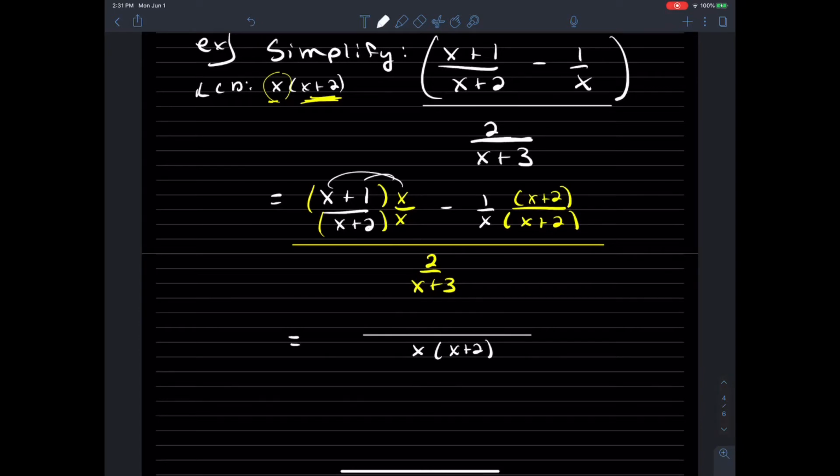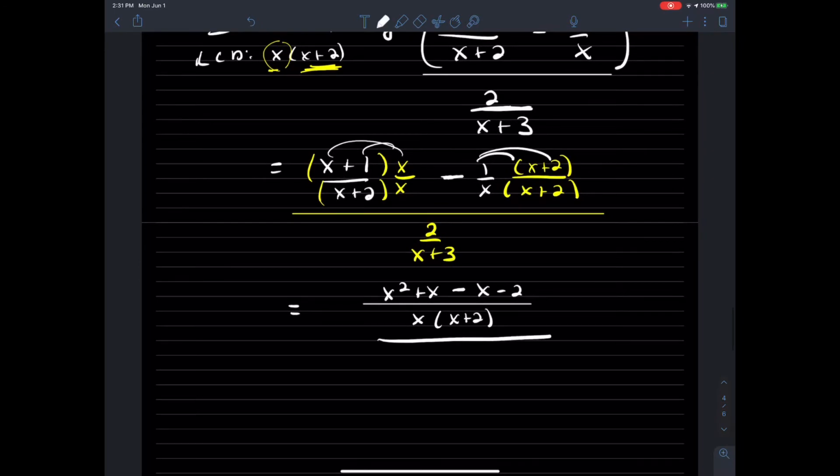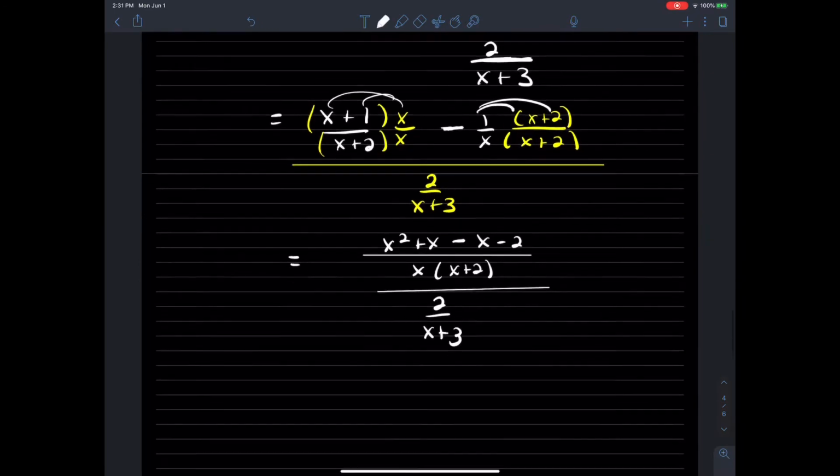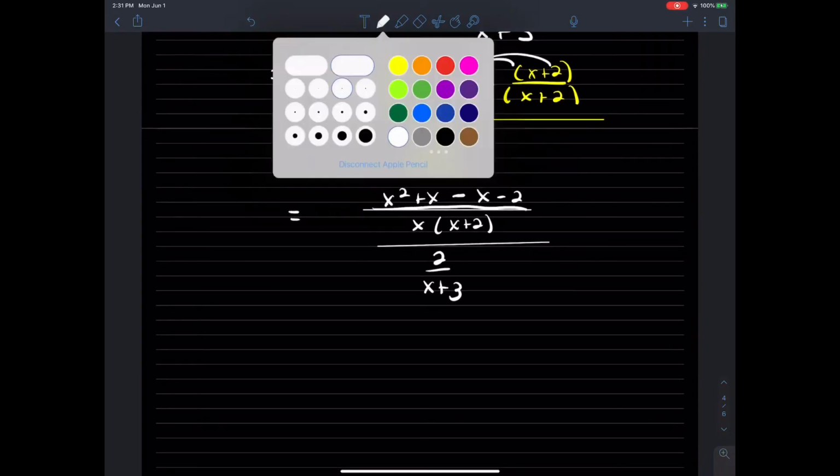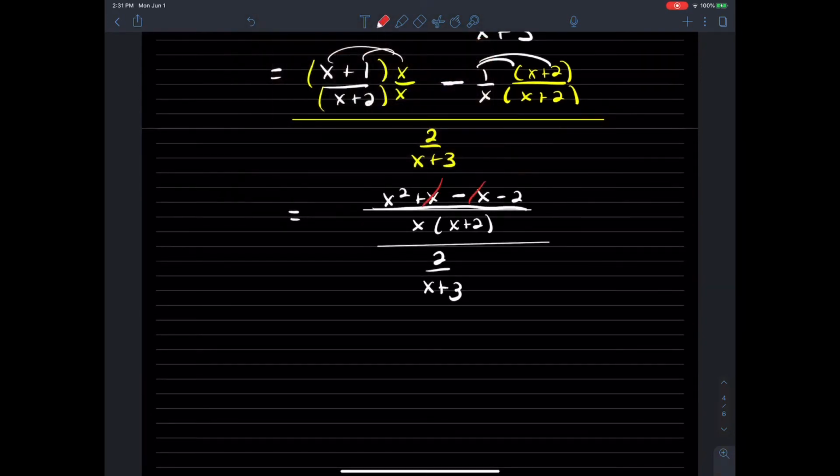I'm going to go ahead and distribute that. It's x squared plus x minus, you have to distribute both terms, minus x minus 2. All over 2 all over x plus 3. Okay, so here's our complex fraction. We've got to simplify that. We'll just cross it off and simplify it in the next thing that we write.